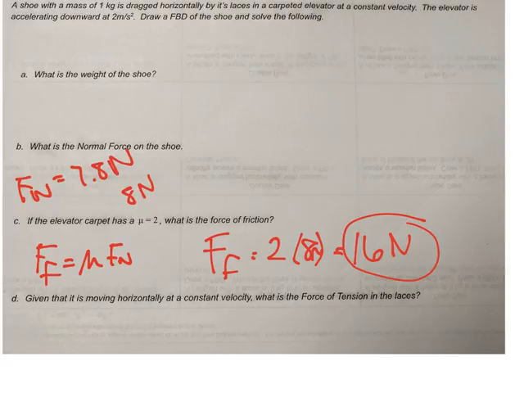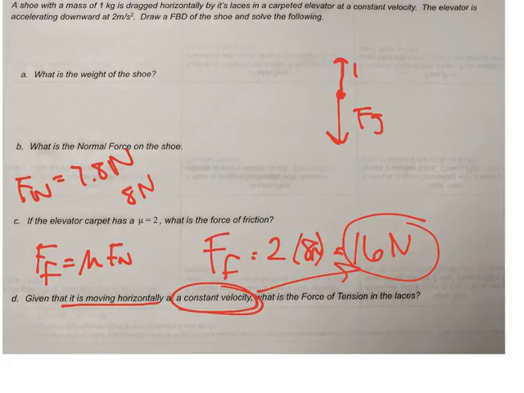So given that it's moving horizontally at a constant velocity, remember, if we refer back to our free body diagram, gravity is slightly bigger than the normal force, because normal force is only 8, gravity is 10 newtons. But we're now saying that our friction is huge, which is 16 newtons, and that our force of tension, it's moving constant.